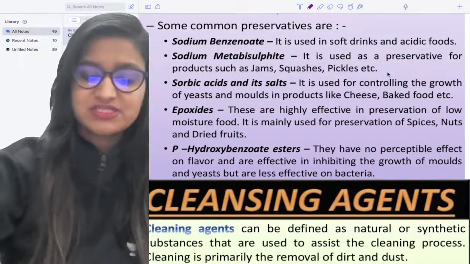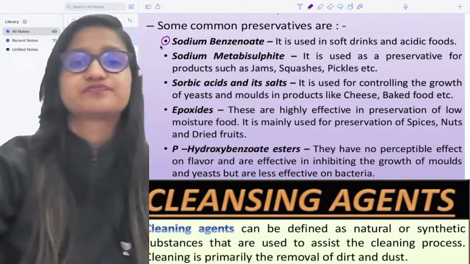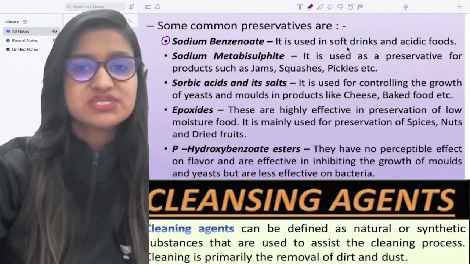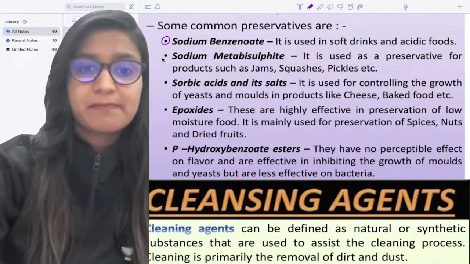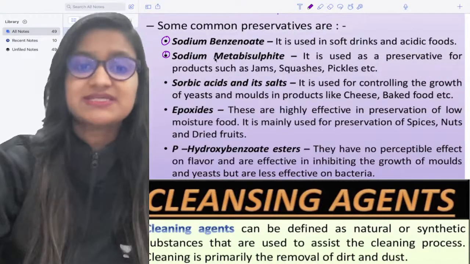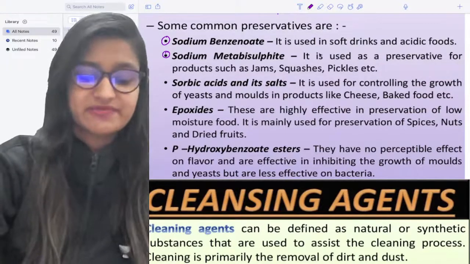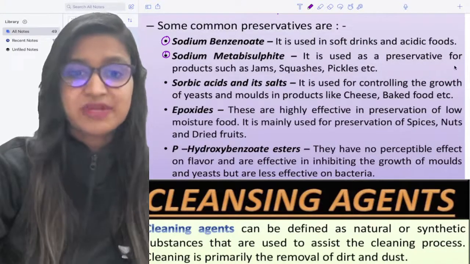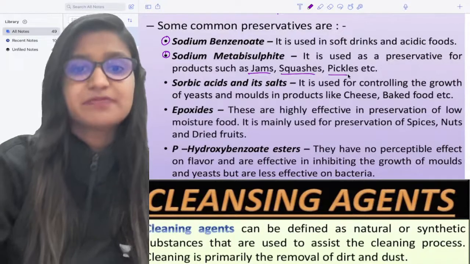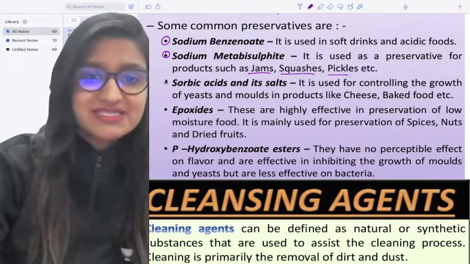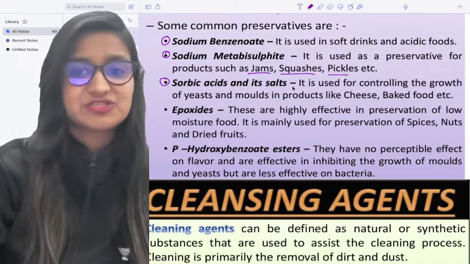Number one, you can see sodium benzoate. So it is used in soft drinks and acidic foods. The next is sodium metabisulfite. So it is used as a preservative for products such as jams, squashes and pickles. ठीक है, next is sorbic acid and its salts.